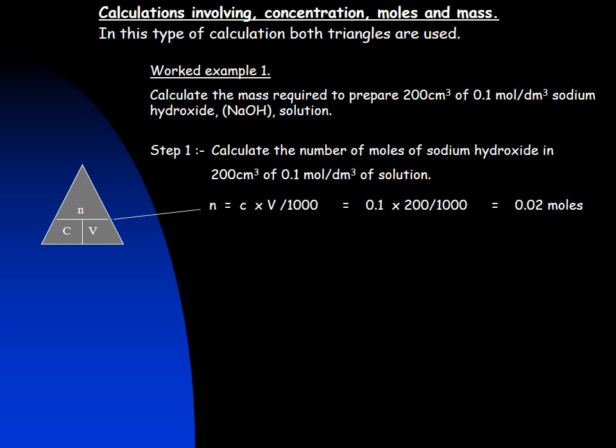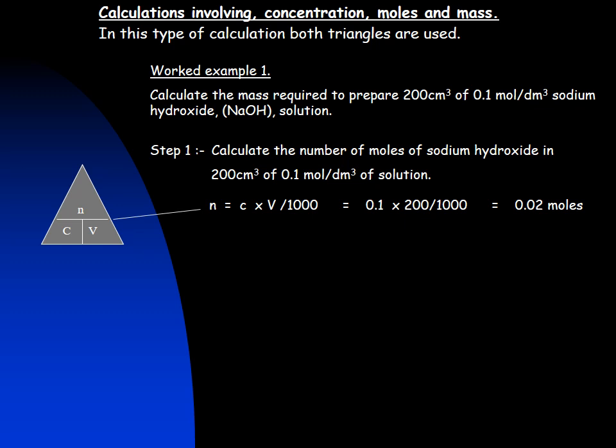So what we're trying to calculate here is number of moles. So number of moles equals concentration times volume, and it will be divided by 1000 when it is not in decimeters cube. So in this case, our volume is in centimeters cube, 200, so we have to divide the answer by 1000.